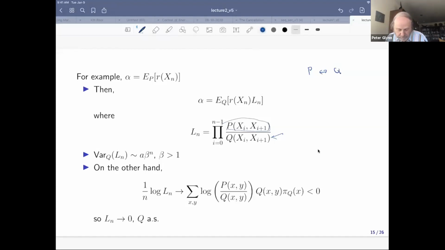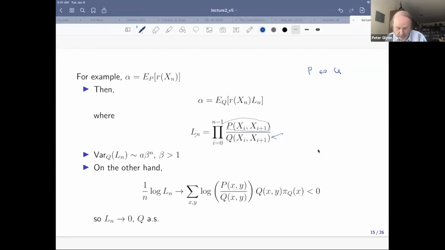Now, it turns out the variance of this type of likelihood ratio deteriorates quite badly as a function of the time horizon n. In fact, it increases geometrically or exponentially in n. But an important thing to recognize, and maybe a surprising thing to recognize, is that if you look at the log of Ln itself, and the easiest way to look at it is, well, in the world of probability, it's sums of random variables that are easiest to analyze because we have laws of large numbers and central limit theorem.